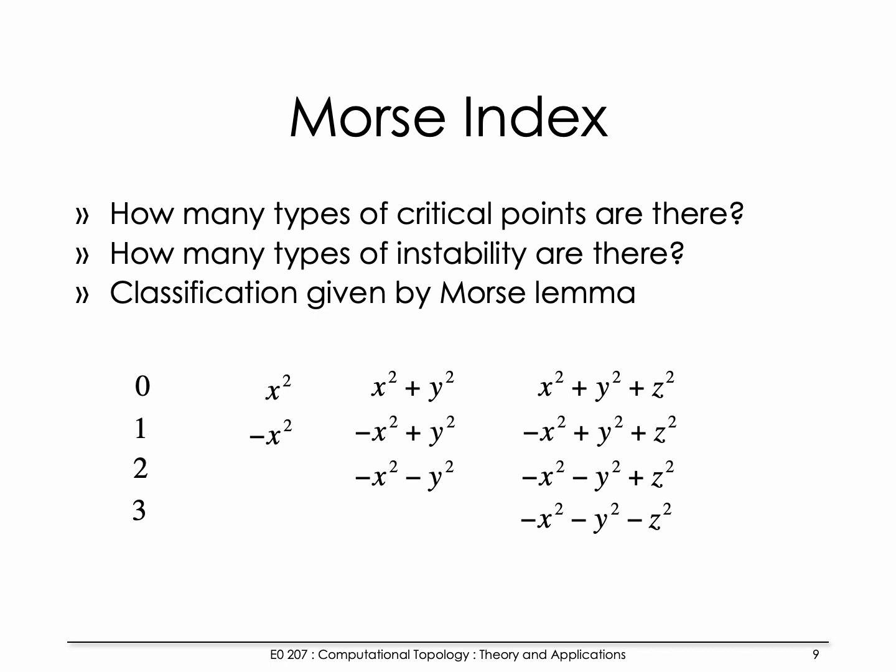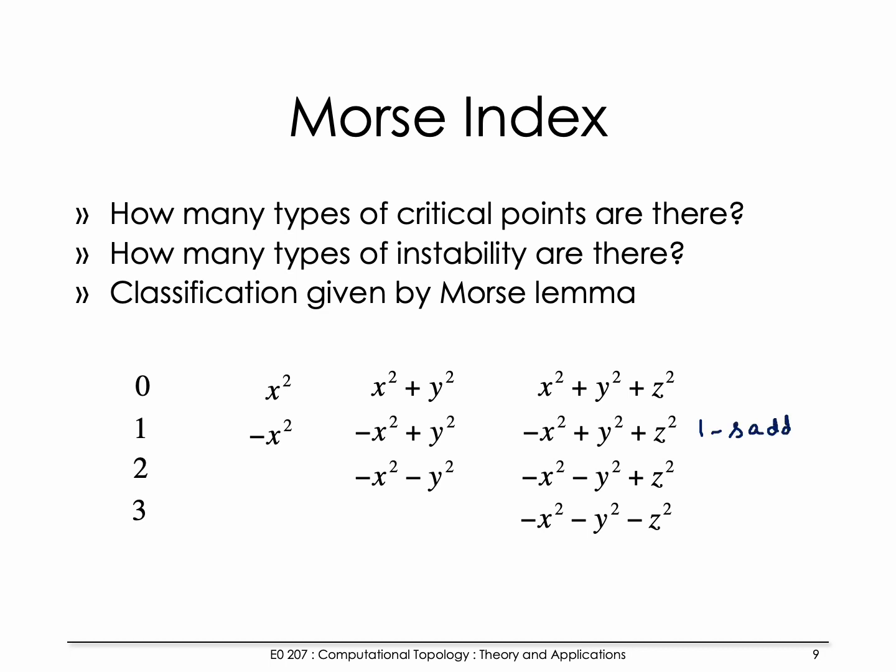Again, in the case of 3D functions, the indices can go from 0 to 3, that's the dimension. 0 corresponds to minimum, 3, that's the dimension of the domain, corresponds to the index of the maximum. And you have two other types of criticalities. These are called saddles. To distinguish between the saddles, we call them one saddle and two saddle, right?